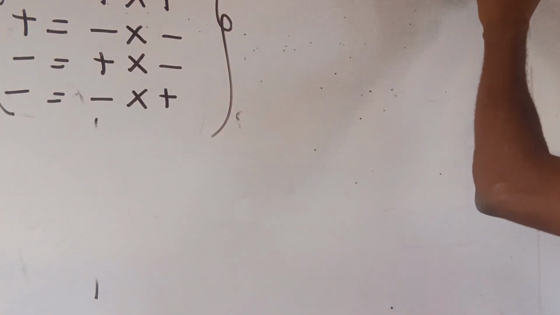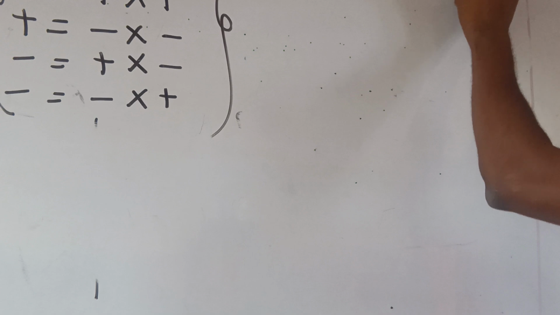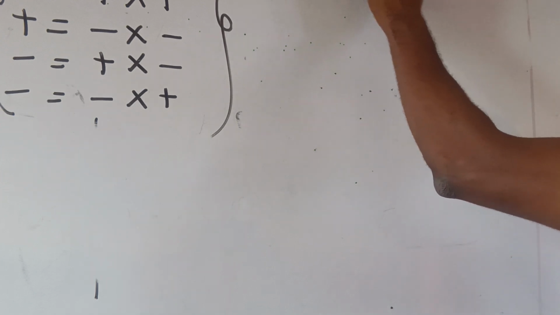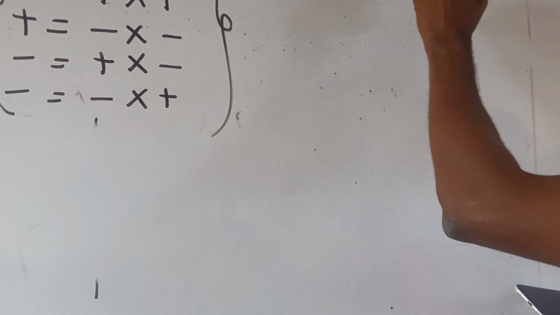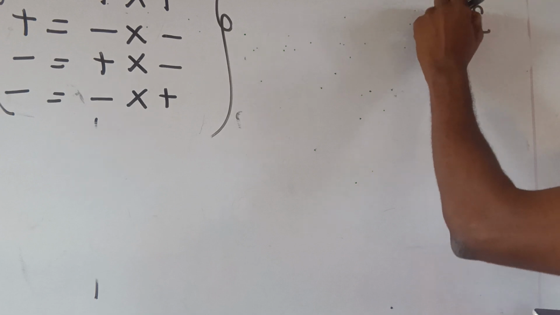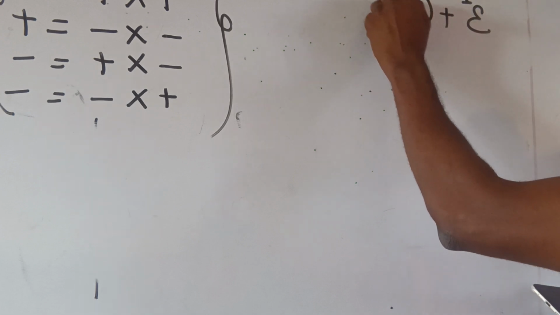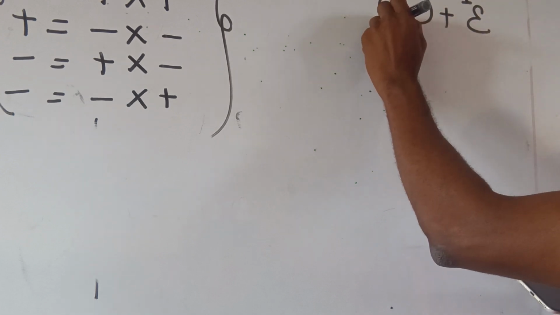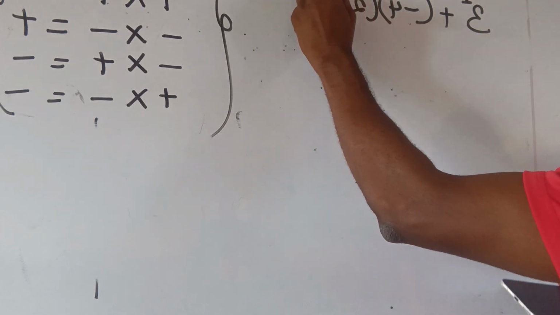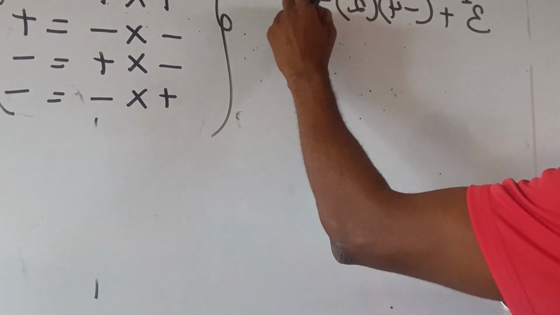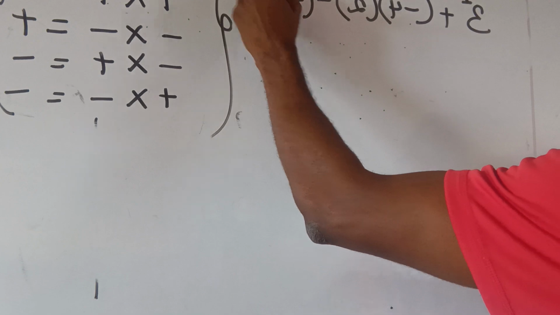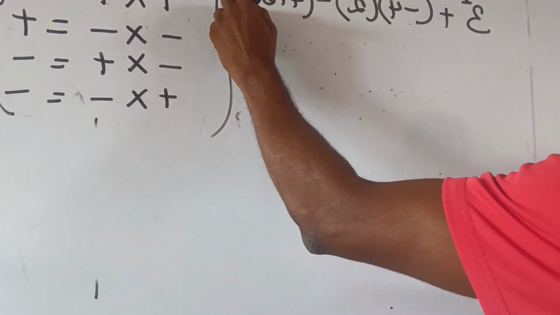Evaluate 3 squared plus minus 4 in brackets, then 2 also in brackets, then minus 4 plus 6 multiplied by 3.